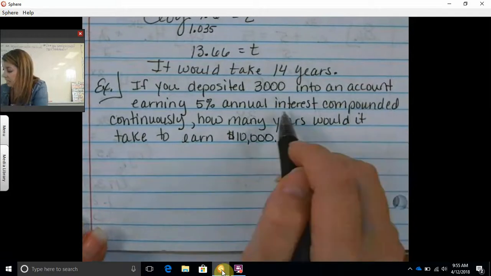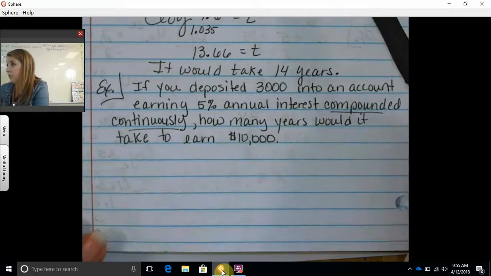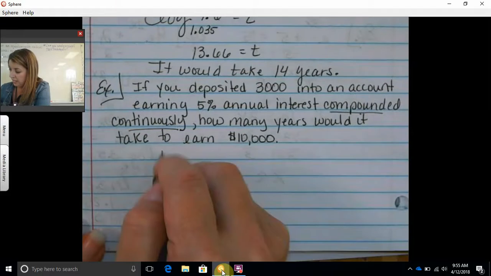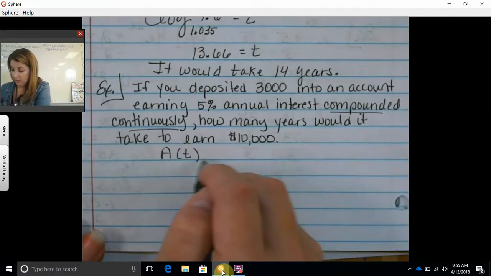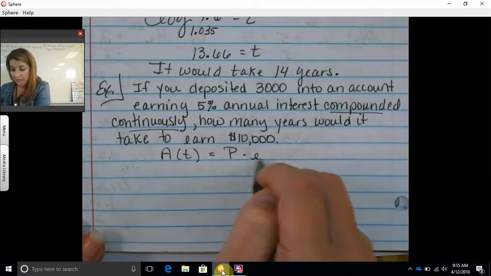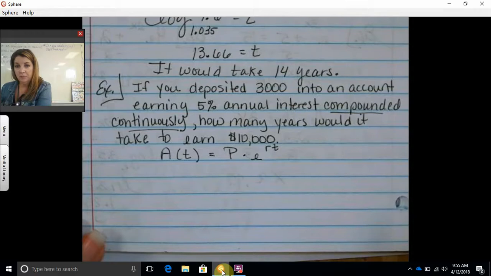So because it said compounded continuously, we don't use the same formula that we did on the previous example. We use the compounded interest formula, which is A of t equals P, remember that's principal, times e raised to the r times t.